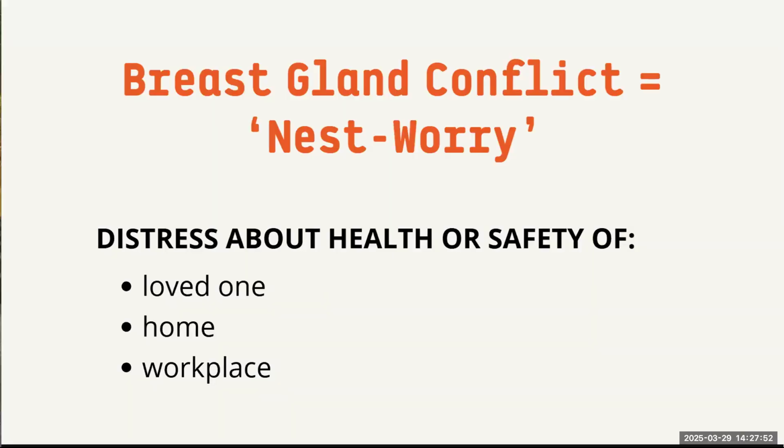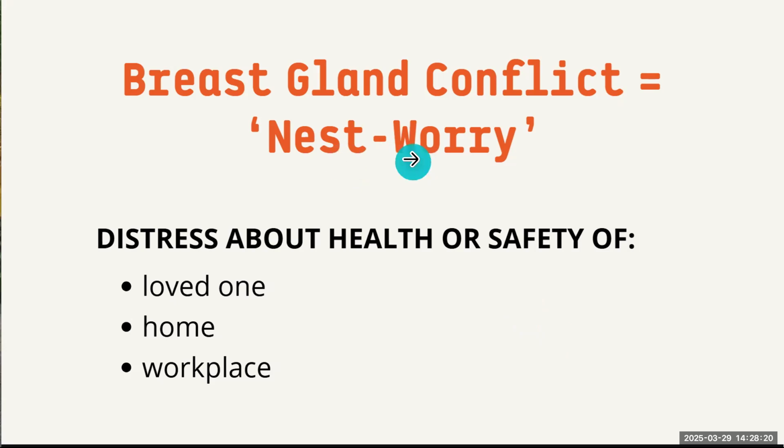Now, under stress, the conflict for this breast gland program is not one of attack necessarily, but it's still attack in a soft way. That's my interpretation. It's trying to protect the nest. And so it's called a nest worry conflict.